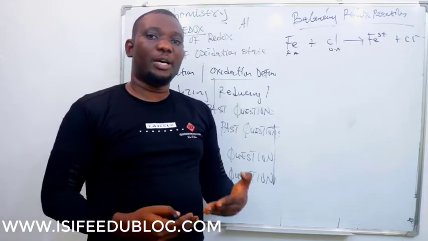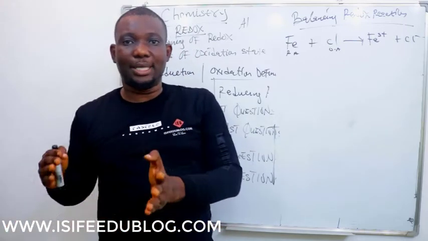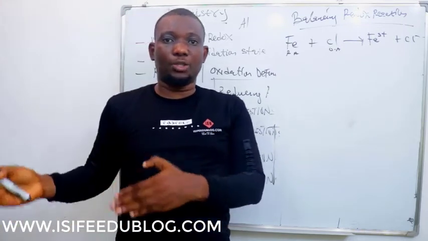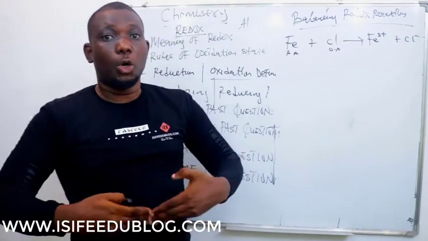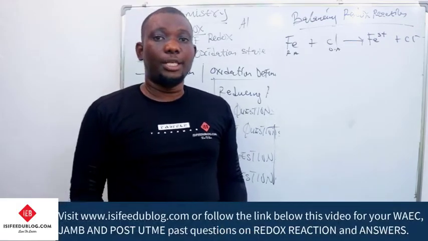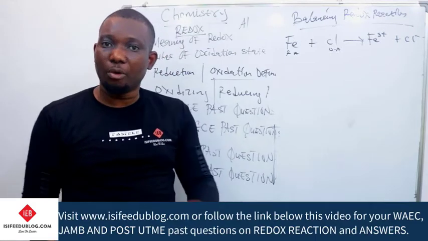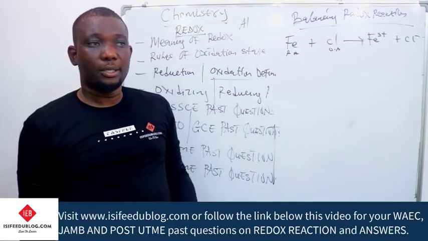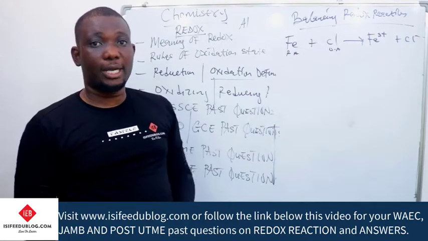When you conserve mass, you must make sure that the number of moles on the left is equal to that on the right-hand side. That is when the law of conservation of mass is obeyed. And you obey the law of definite proportion when you have the right formula of the compound. So these 2 laws must come together in an equation like this.